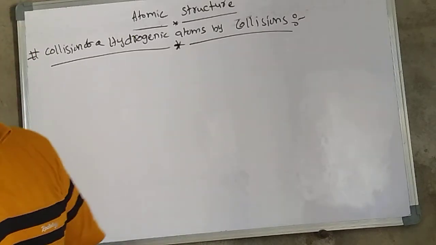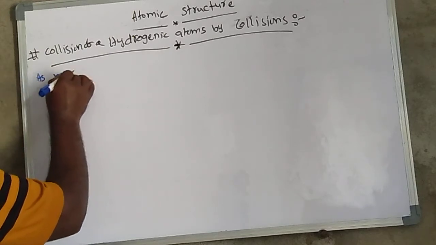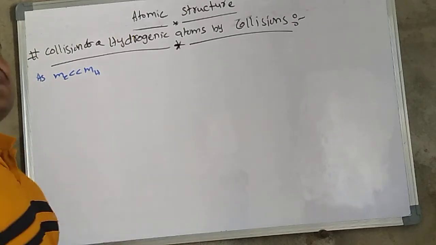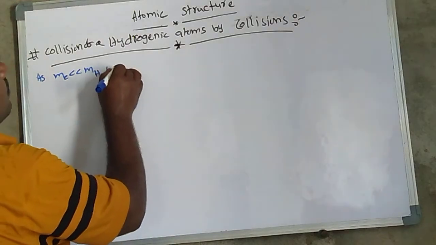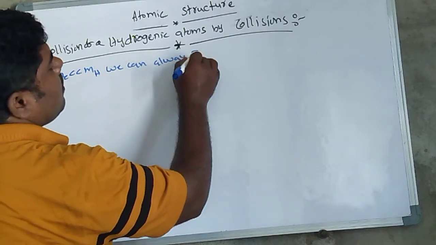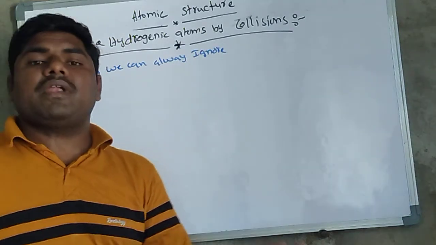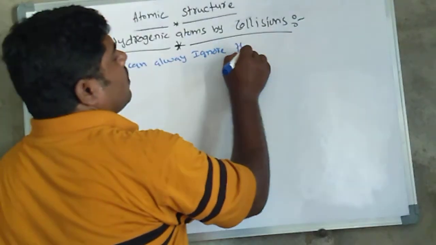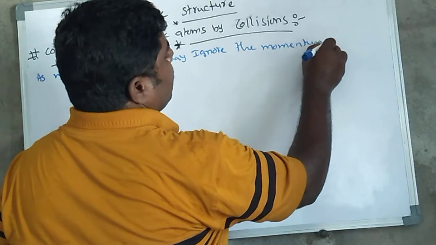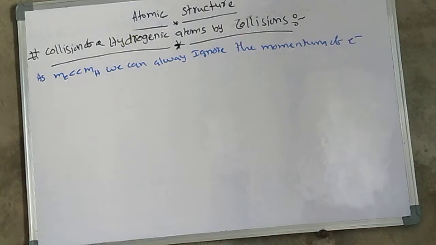As the electron mass is less than the hydrogen mass, we can always ignore the momentum of the electron colliding with the atom.